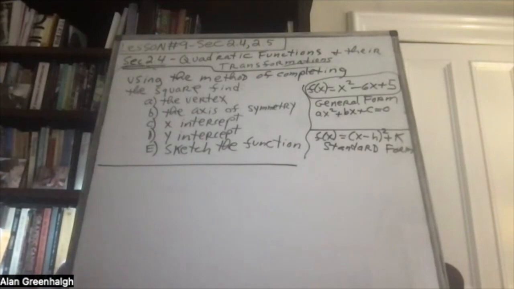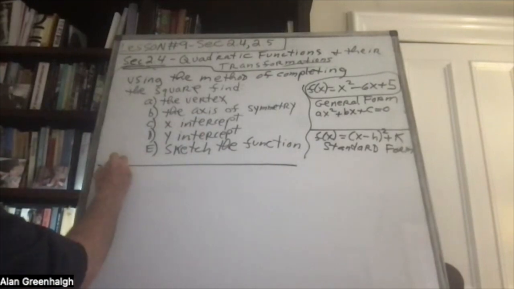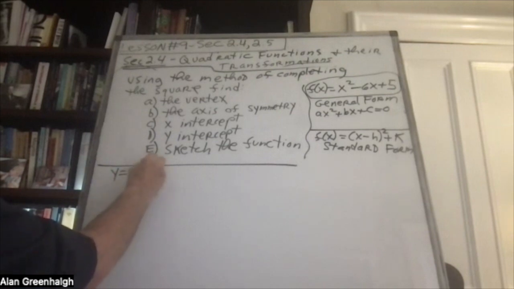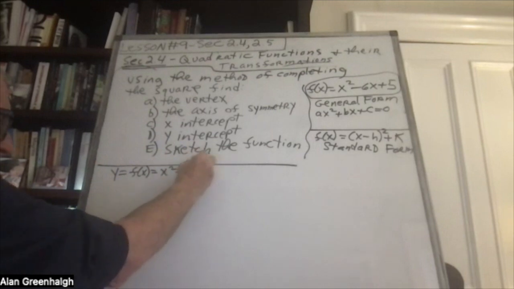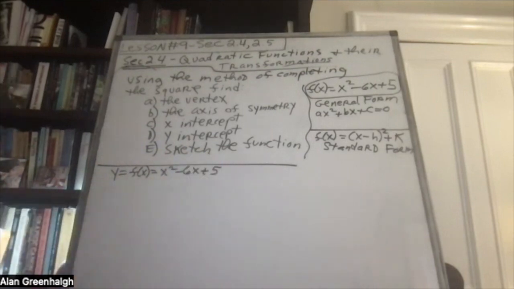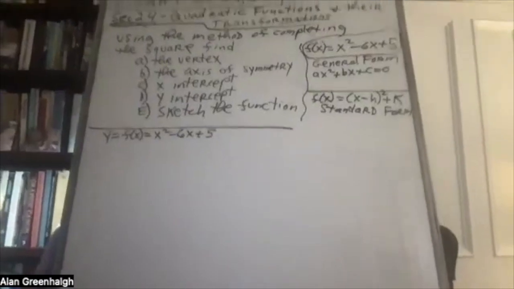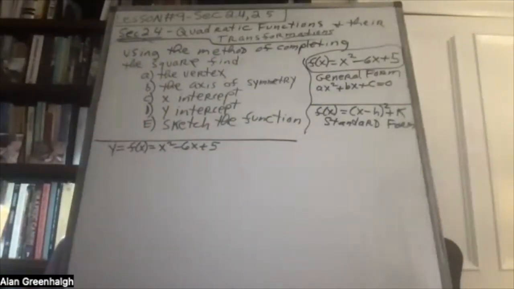Okay, so I take the problem. y equals f of x, which equals x squared minus 6x plus 5. And let me drop this down a bit. Okay, so the first thing we want to do is really, and I didn't put this because I didn't want to overwhelm everybody.